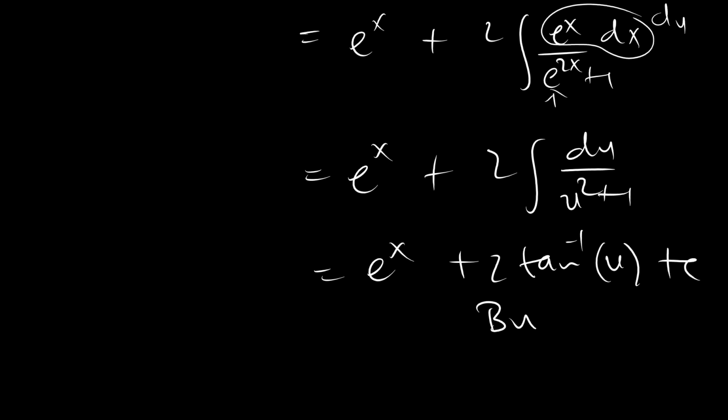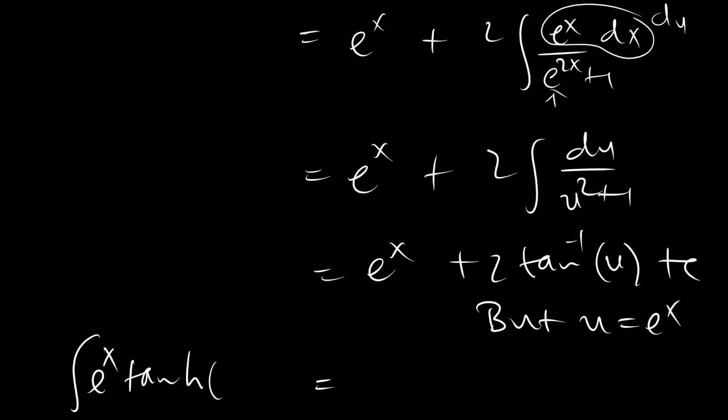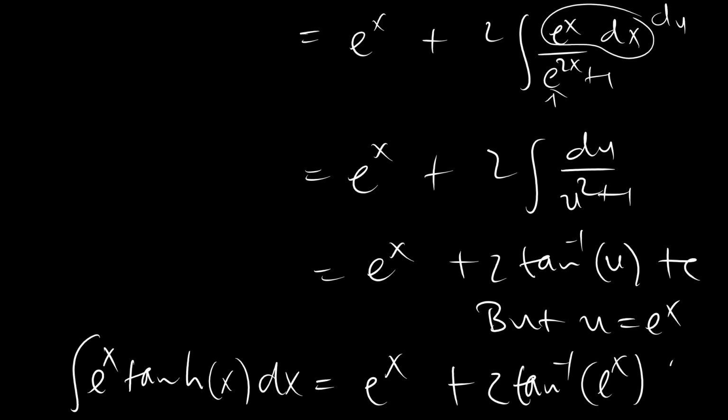But u equals e^x, so in other words, the integral of e^x times the hyperbolic tangent of x is e^x plus twice the arctangent of e^x plus the integration constant c.